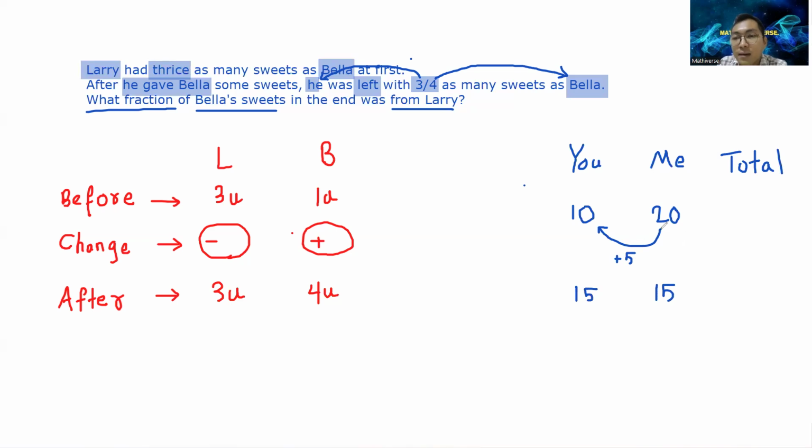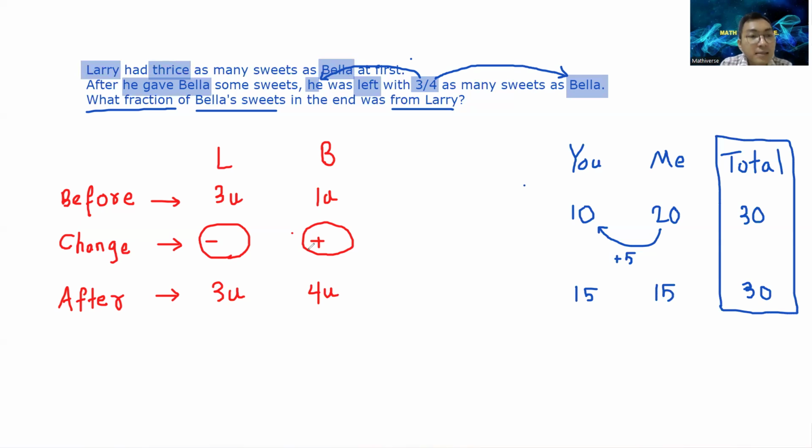Okay, look at that. Before given, total is 30. After given, total is also 30. That's the point. This is very important. So like this, Larry and Bella, we have to think about the total.